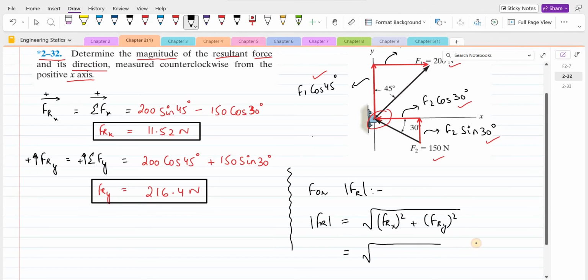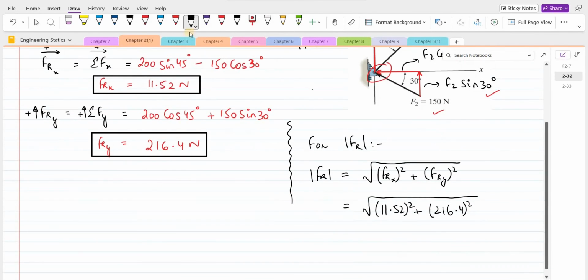So we have the square root of 11.52 squared plus 216.4 squared. Upon simplification, the magnitude of the resultant force comes out to be 216.71 newtons. So this is our first answer.